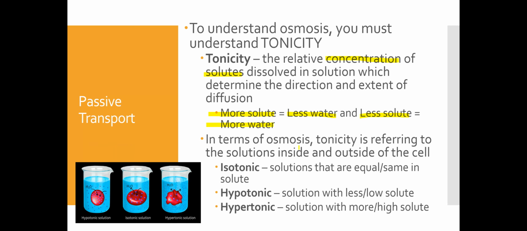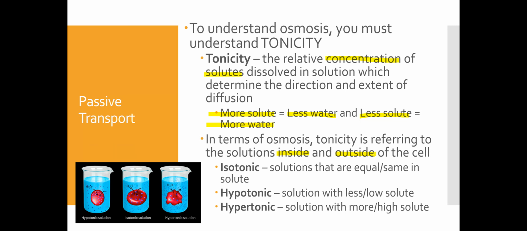So when we use osmosis, or when we talk about osmosis, there are always going to be two solutions, okay? We don't really use these terms that we're about to talk about unless there are two solutions. So in terms of biology and in terms of cells, our two solutions are always going to be inside the cell, that intracellular solution, and it's going to be outside of the cell.